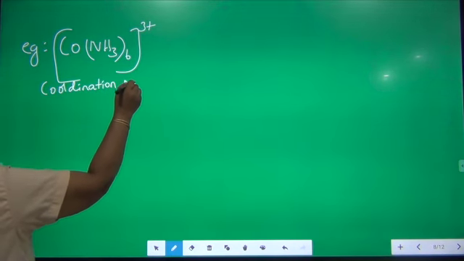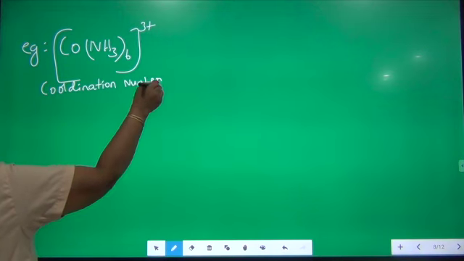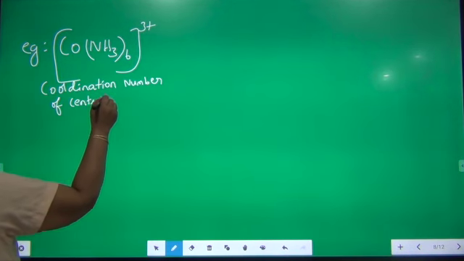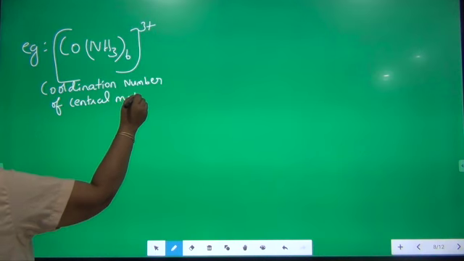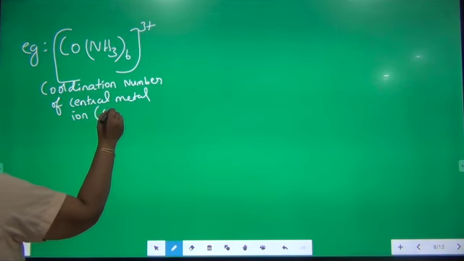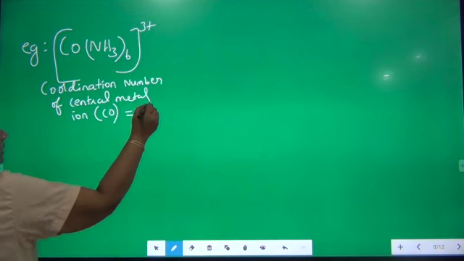The coordination number of the central metal ion, that is cobalt, is equal to 6.